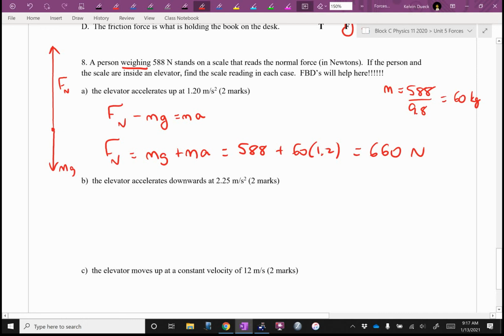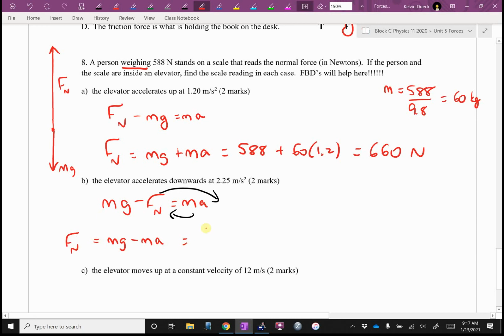I could redo the free body diagram, but let's see if I can just modify the one that I did here. If we're accelerating downwards, who's winning? Yeah, I think my equation is going to be gravity minus the normal force equals ma. How am I going to get the ma by itself? Swappy dance. And I'll get mg minus ma, and I'm going to put the normal force by itself on this side.